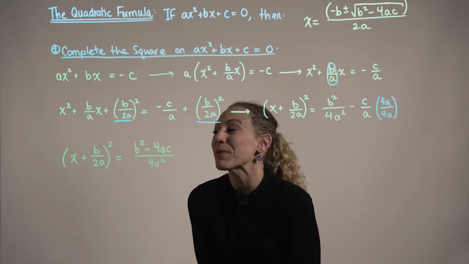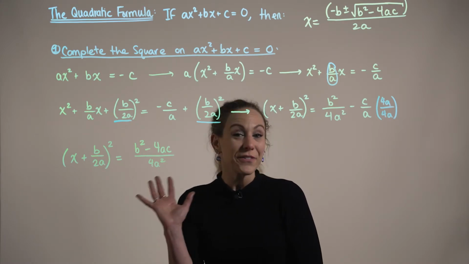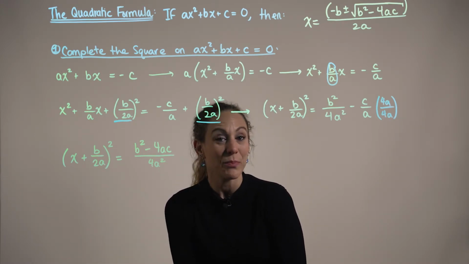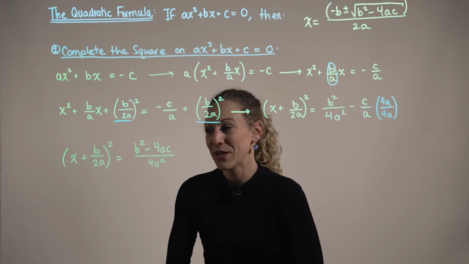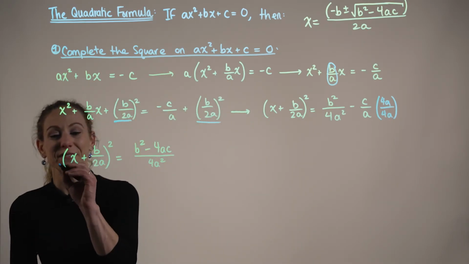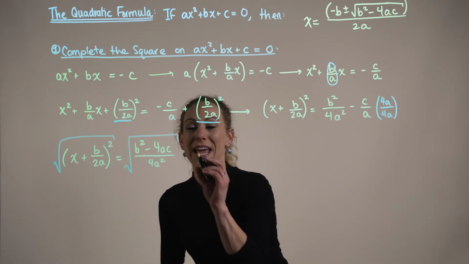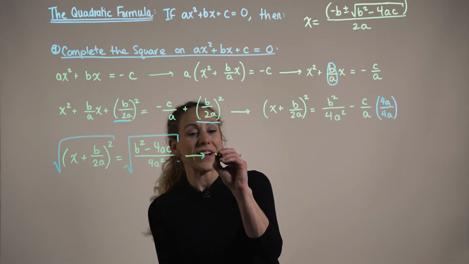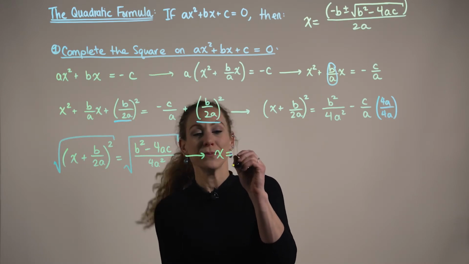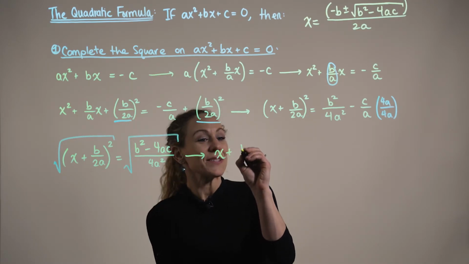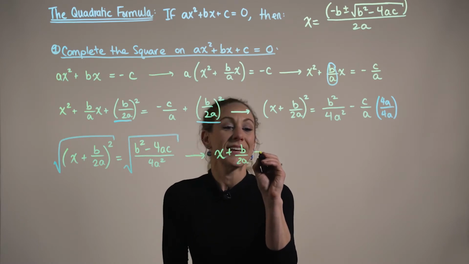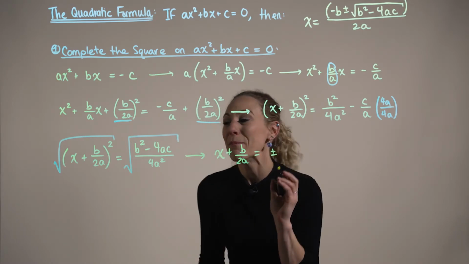So now that we have simplified our constant terms, we're officially ready to start solving for x by applying the square root method. So taking the square root of both sides of the equation, notice on the left-hand side how the square and the square root will cancel each other out, leaving us with x plus b over 2a is equal to plus or minus.